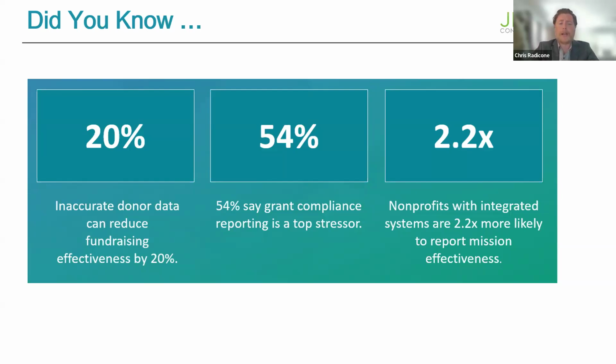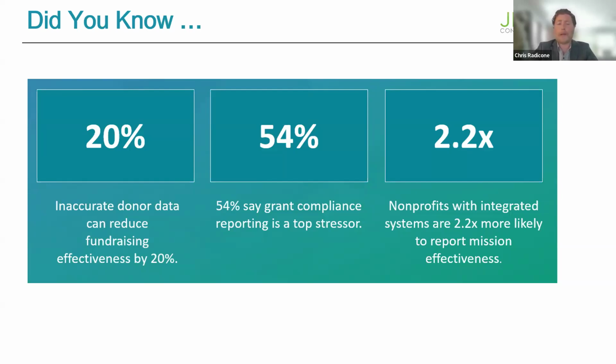One is that inaccurate donor data can reduce fundraising effectiveness by 20%. And what we'll talk about probably quite a bit today is the fact that more often than not, when organizations are starting out on legacy systems, your data is siloed amongst different platforms.